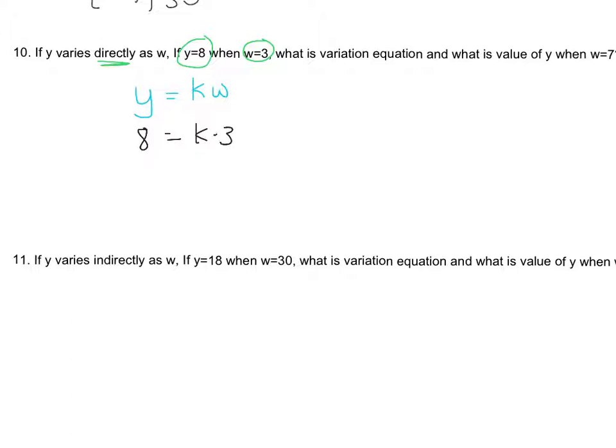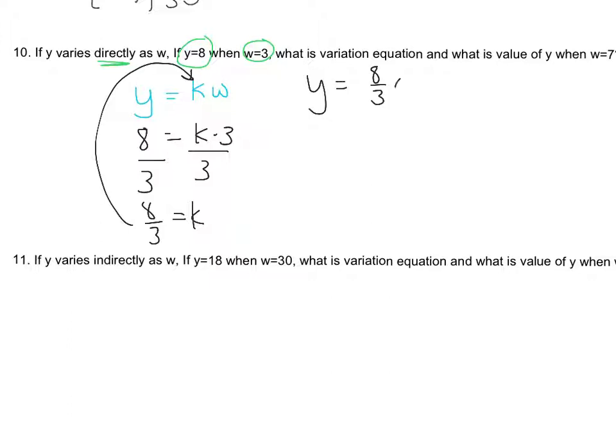So when y is 8, w is 3. So if I solve that for k, then obviously k is 8/3. So this variation equation, when I plug it back in, we know y will always equal 8/3 times w. So this is true for all y and w.